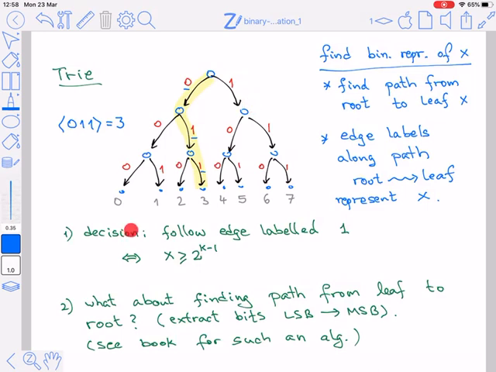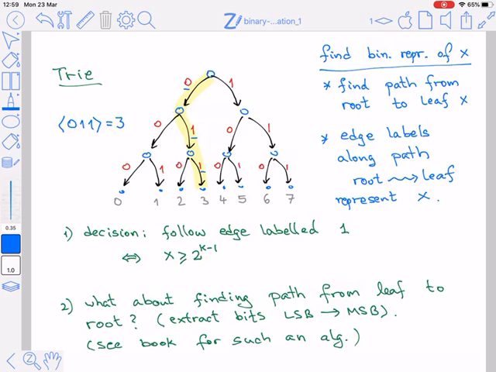And the decision to follow the edge labeled 1 is according to the following rule: you follow the edge labeled 1 if and only if x is greater than or equal to 2 to the power of k minus 1. Okay, so here k was 3, x was 3, 2 to the power of 3 minus 1 is 2 to the 2, which is 4. So 3 is less than 4, and therefore we went along the edge labeled 0.